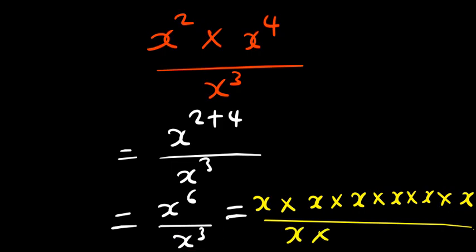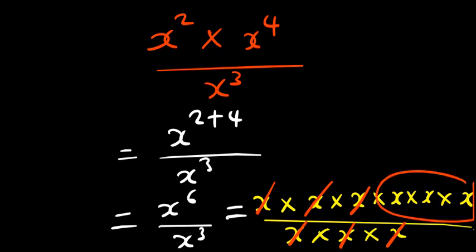X multiplied by x, multiplied by x. Now that I've got that, I'm going to now divide or cancel the x's on top and down. So I cancel this one and this one, this one and this one, this one and this one. Everything down has been exhausted. Now we're just remaining with what we have on top, which is x times x times x. There are 3 of them. X times x times x is just x to the power 3 because there are 3 of them. So that will be your final answer.